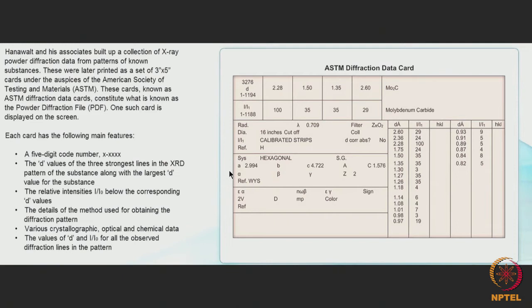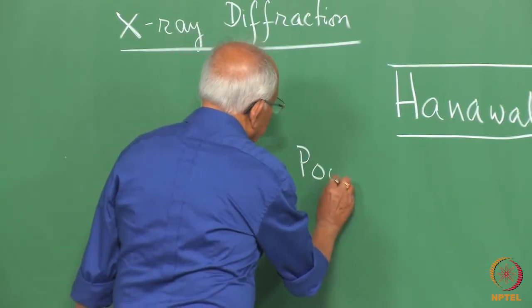Now, these were later printed as a set of 3" by 5" cards under the auspices of the American Society of Testing Materials. Now, an ASTM diffraction data card is shown here. These cards, known as the ASTM diffraction data cards, they constitute what is known as the powder diffraction file or PDF, the powder diffraction file or PDF.